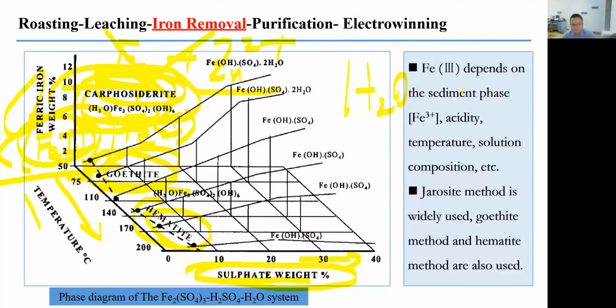There are two sentences to remark: the ferric ion depends on the cementate phase, acidity, temperature, and solution composition. The jarosite method is widely used, and goethite and hematite are also used, although they need more critical requirements like acidity, temperature, and ferric ion concentration.